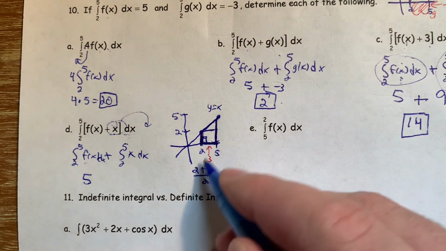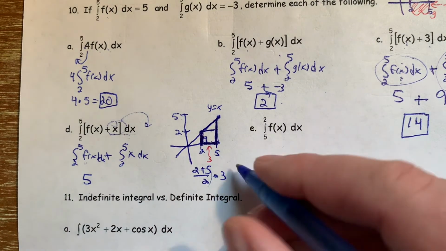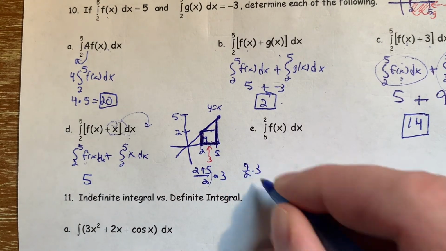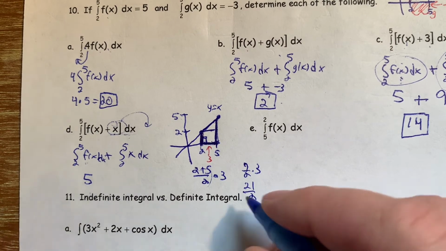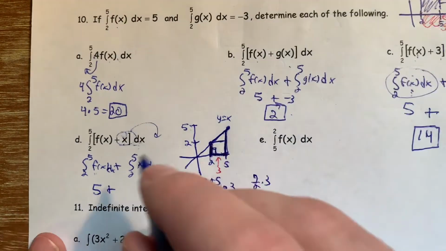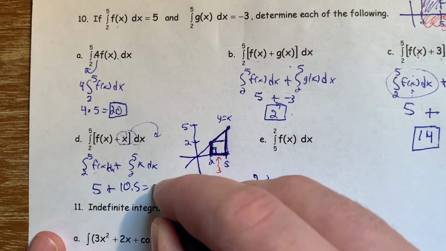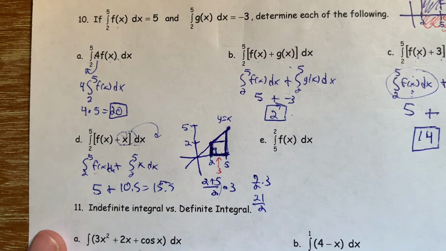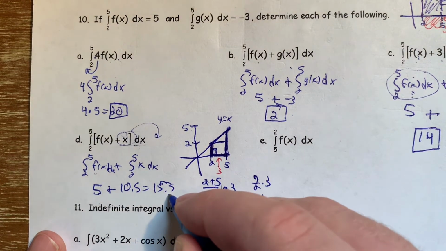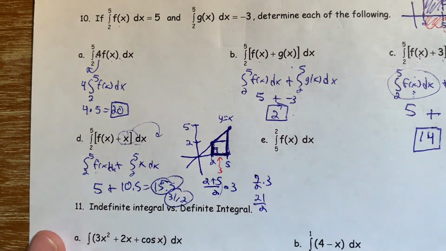So this is the average of the 2 bases, 2 and 5. So this is 7 halves times 3, which is 21 halves, which is 10.5. So plus 10.5 is 15.5. Or if you wanted to keep it as a fraction, you could have put it as 31 halves. That's also fine.